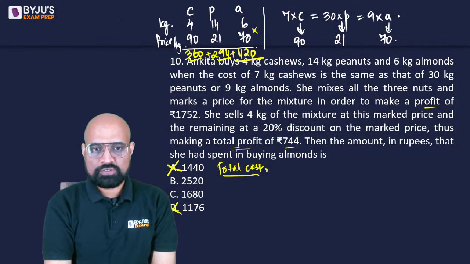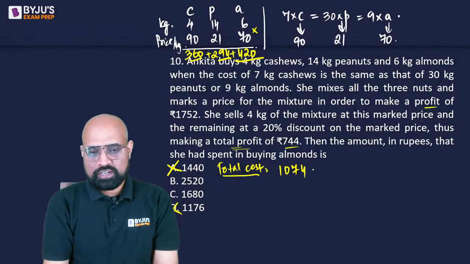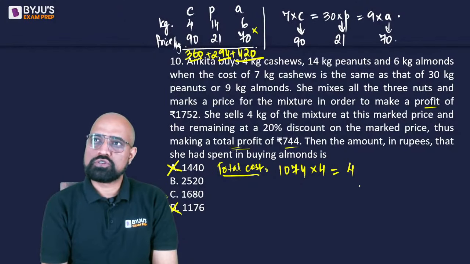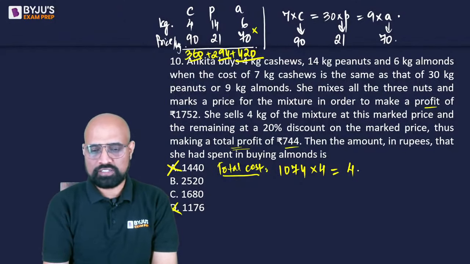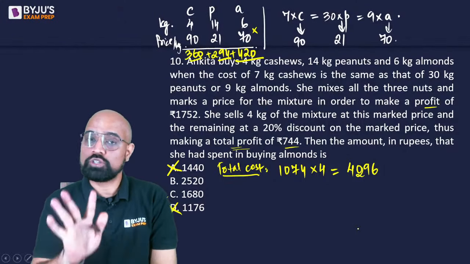So 360, 294, and 420, this is 1074. So we have to take 4 times 1074. So this is going to be 1074 into 4. So 4280 plus 16, 4296 is the total cost.